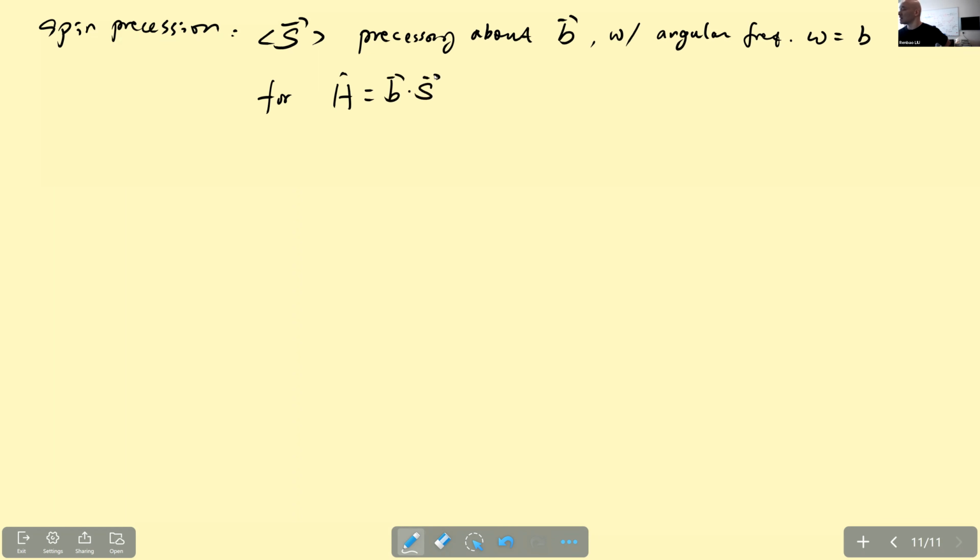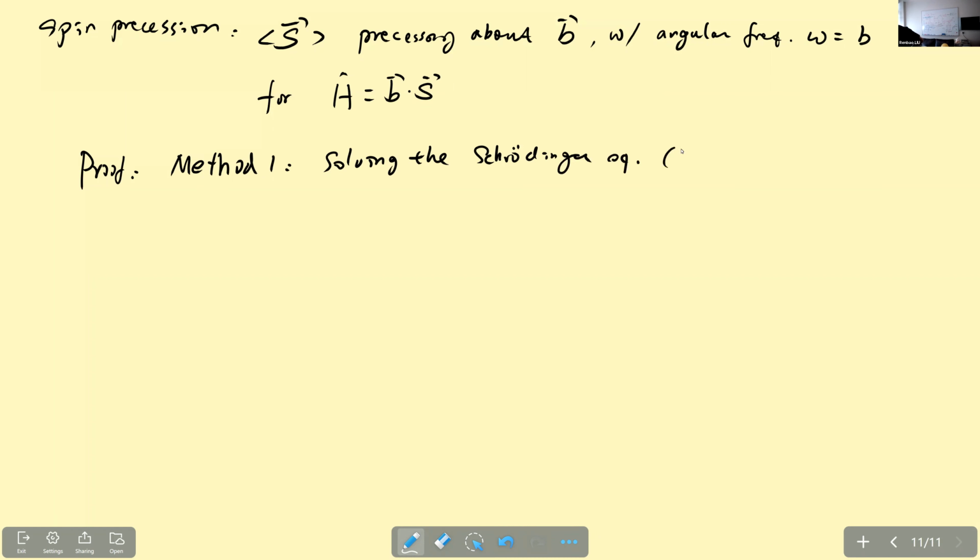Now let me prove this. Okay, proof. So method 1, solving the Schrodinger equation. Okay, this is an exercise for you. Try it. It's worth trying.